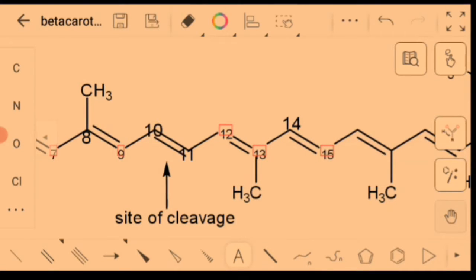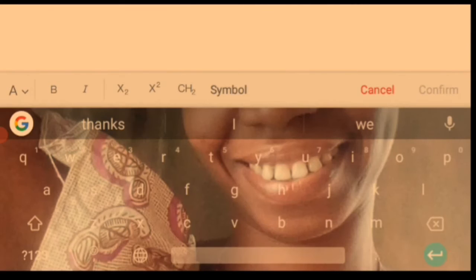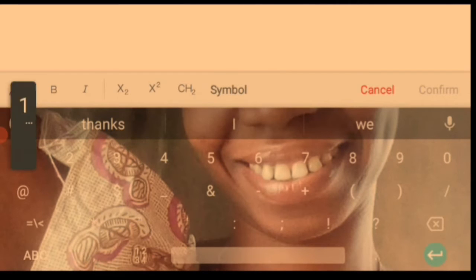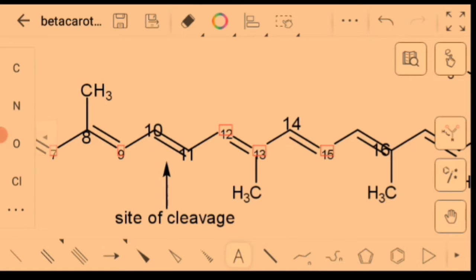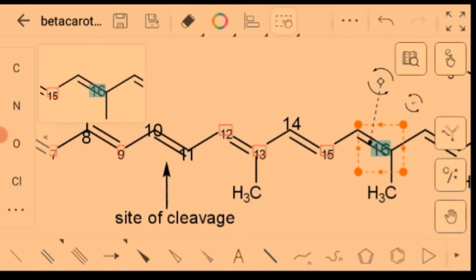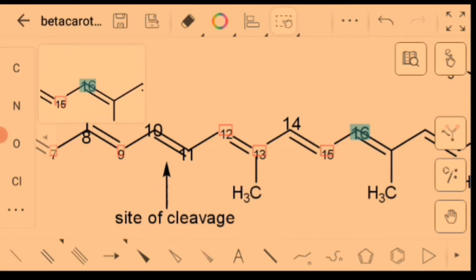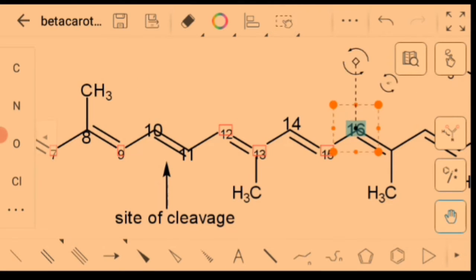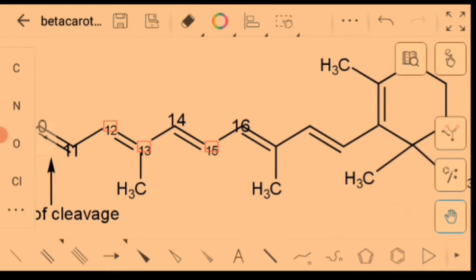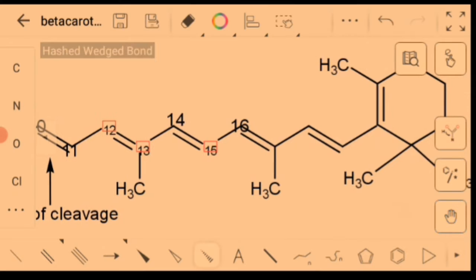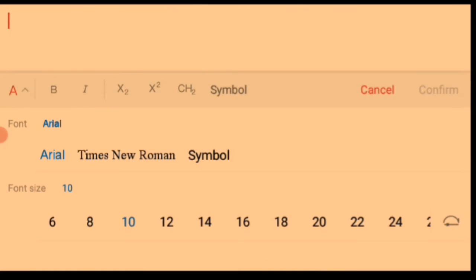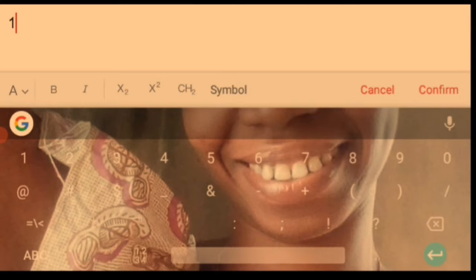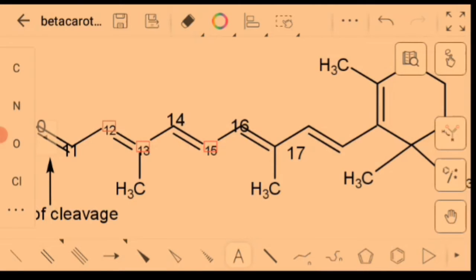So whenever I want to draw a beta carotene structure, all I need to do is know the features that my two beta ionone rings have, the structure it has, and the qualities in those structures that make it different.